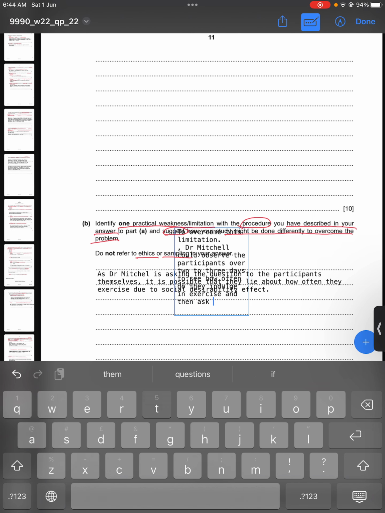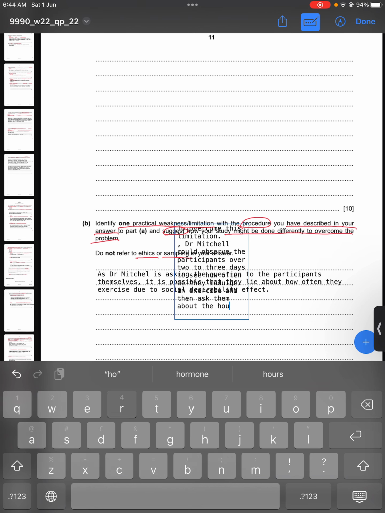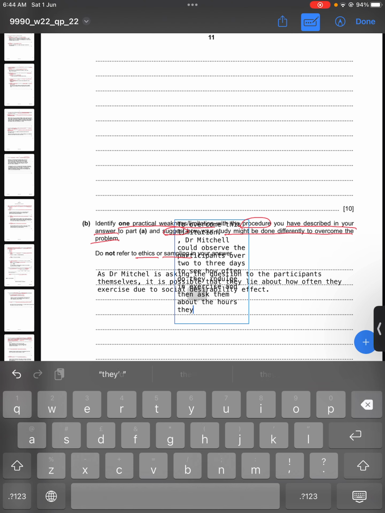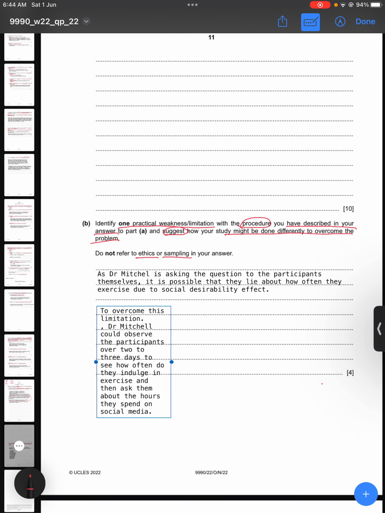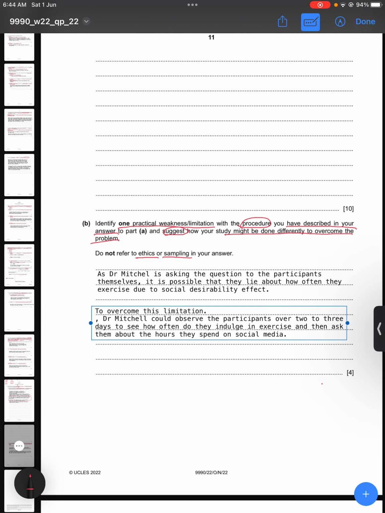And then ask them about the hours they spent on social media. So this is how you can write the second part of this answer.